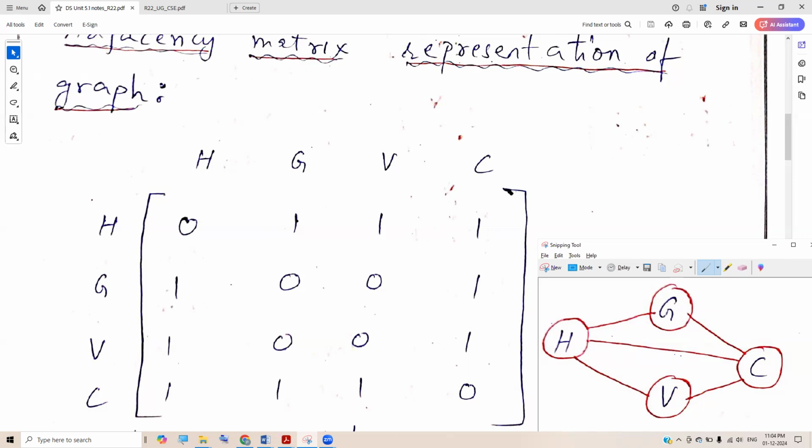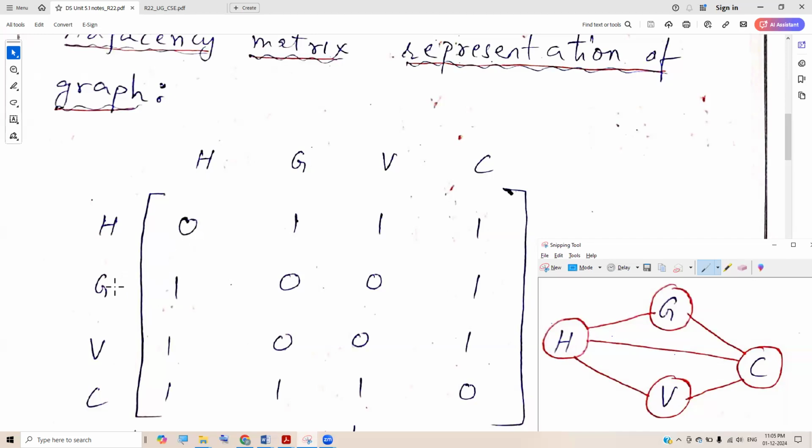From H, we have three links going to G, V, and C. So wherever we have links, we will put one. Where we don't have links, we put zeros. So from H, we have links going to G, V, C. Those places we are putting ones. From H to itself, there is no link. Hence, we have zeros.